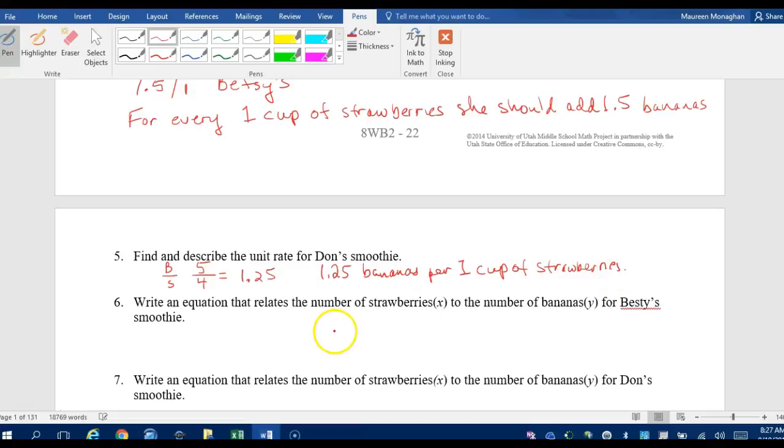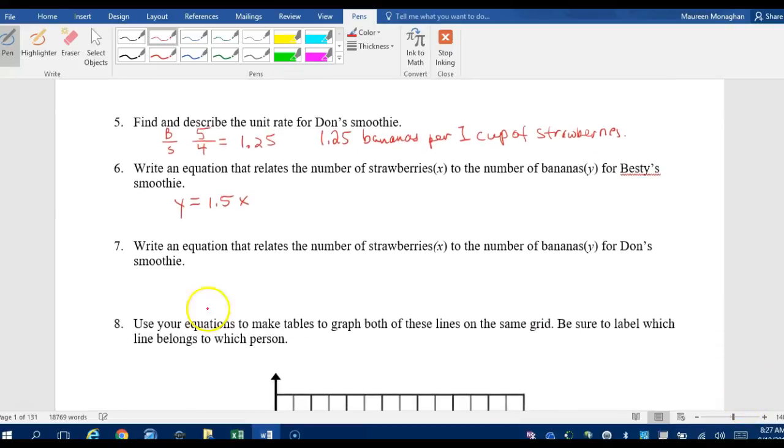Write an equation that relates the number of strawberries X to the number of bananas Y for Betsy's smoothie. What was our multiplier for Betsy? The multiplier, or the proportional constant, was 1.5, the unit rate. You can think of it any way you want. So y equals 1.5x. How about Don?